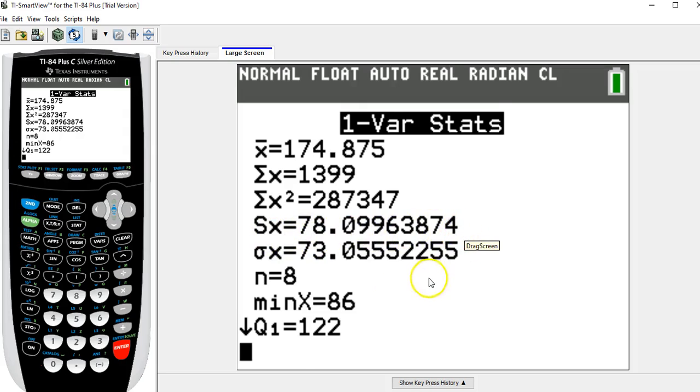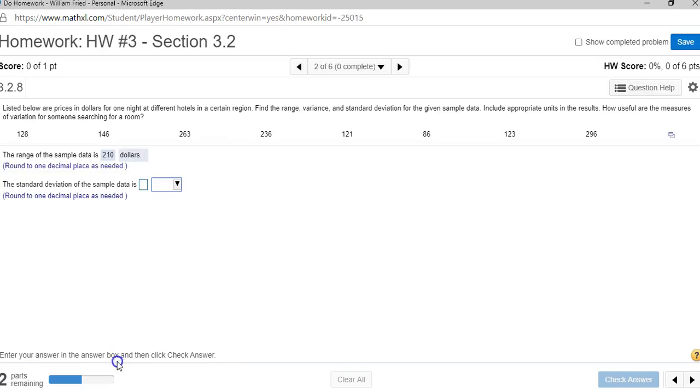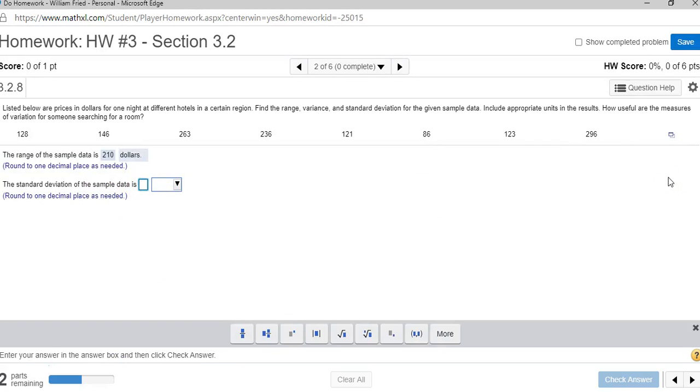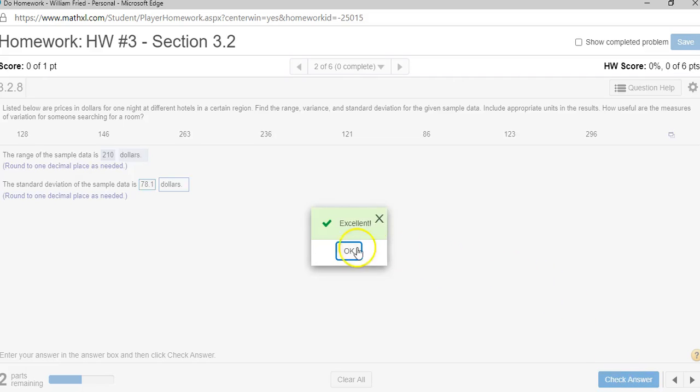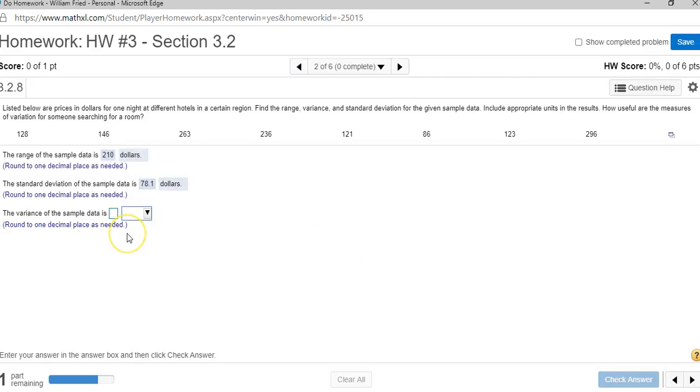It's kind of six of one, half a dozen of the other. They want one decimal place, so to one decimal place, 78.1. And the units of standard deviation are the same units as the dollars. Check answer. Excellent.